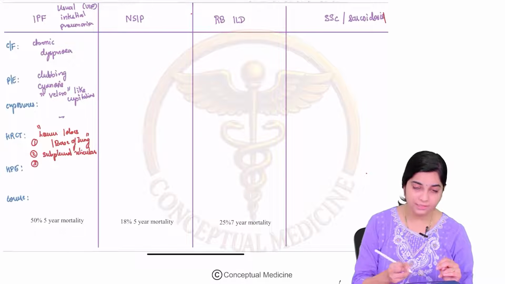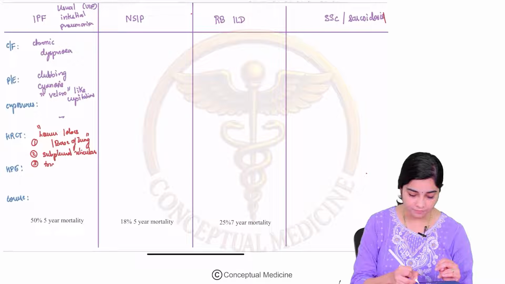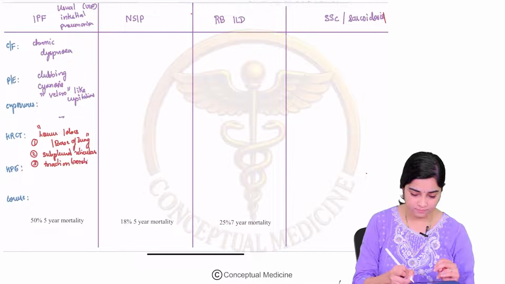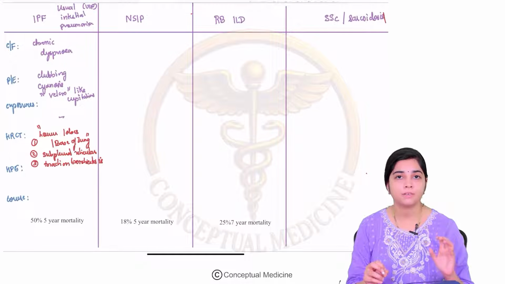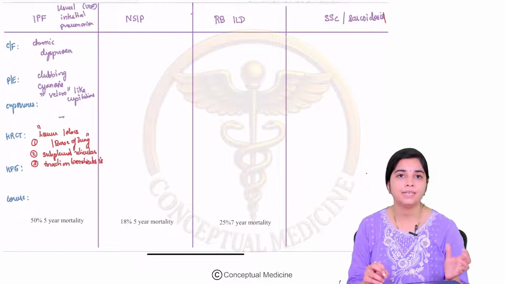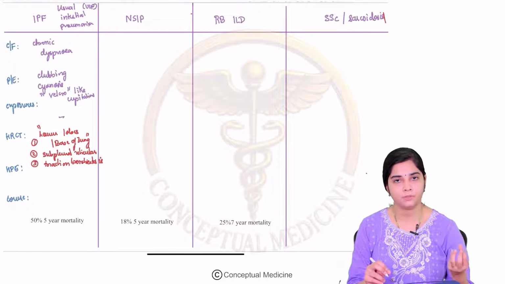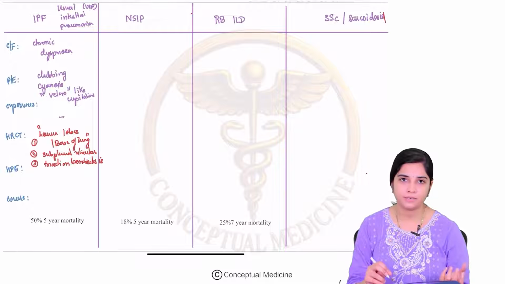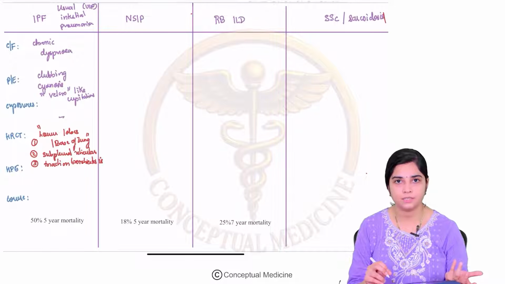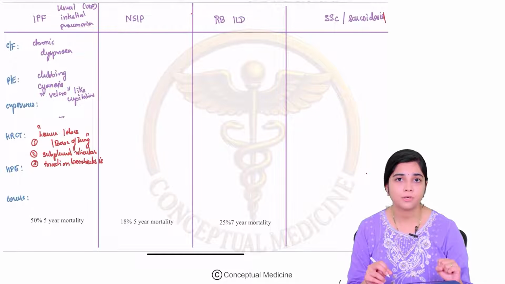The third characteristic feature is the presence of what we call traction bronchiectasis. So we have learned in our bronchiectasis chapter what bronchiectasis is. It refers to dilatation of the bronchi. The most common etiology of bronchiectasis is mucus impaction due to secondary chronic infections leading to dilatation. So what is this traction bronchiectasis?